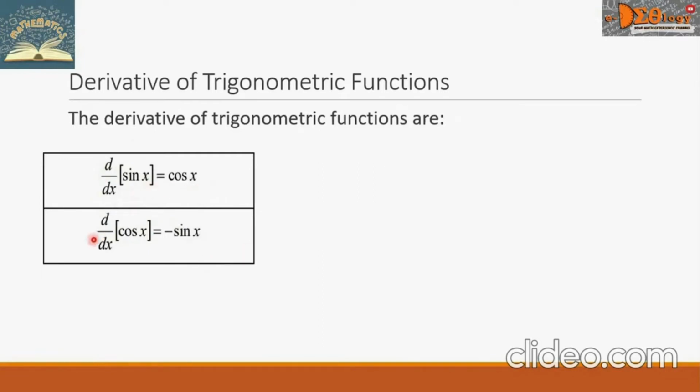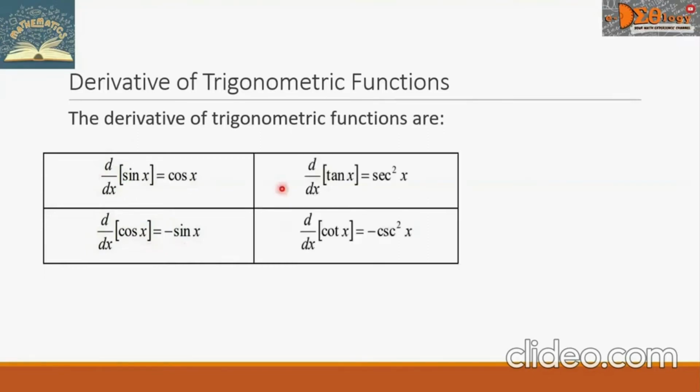Second, d over dx of cosine x equals negative sine x. The next two are d over dx of tangent x equals secant square x. The fourth one, d over dx of cotangent x equals negative cosecant square x.